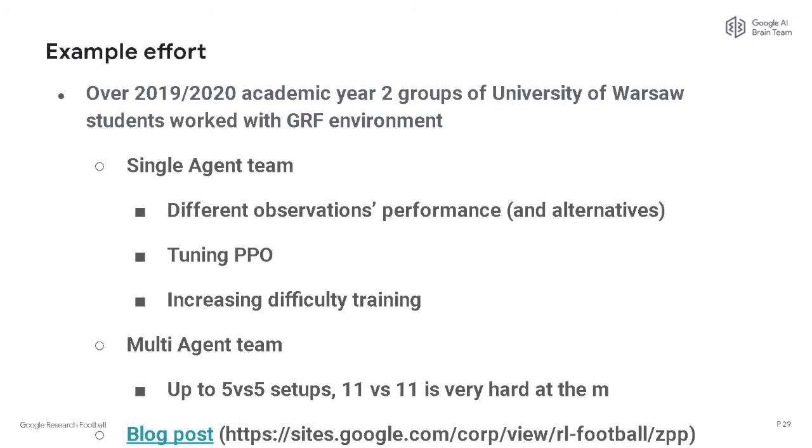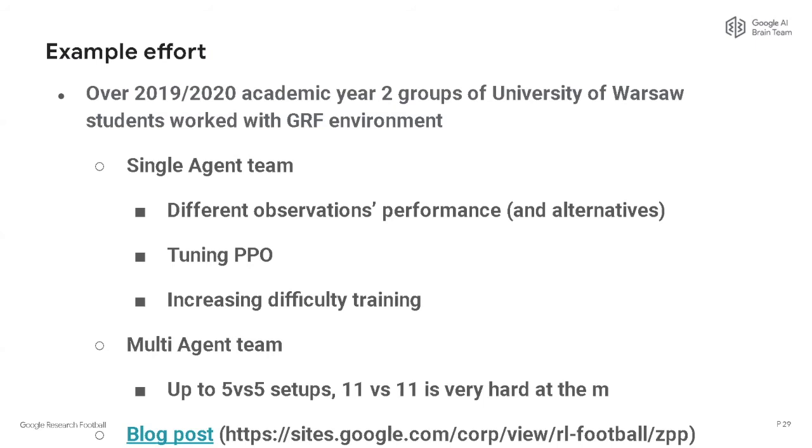And they also experimented with different ways of increasing the difficulty of the built-in AI during training to accelerate the training speed. So you can think of it as your agent tries to learn at the very beginning against first graders, and over time, as it understands the game a little bit, we advance the opponent.